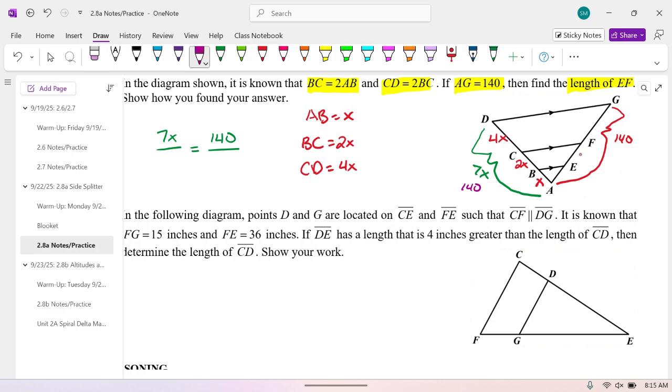So let's say this is Y. Well, the relationship between AB and AE has to be similar to the relationship between CB and EF. So in reality, this would be 2Y and this would be Y.